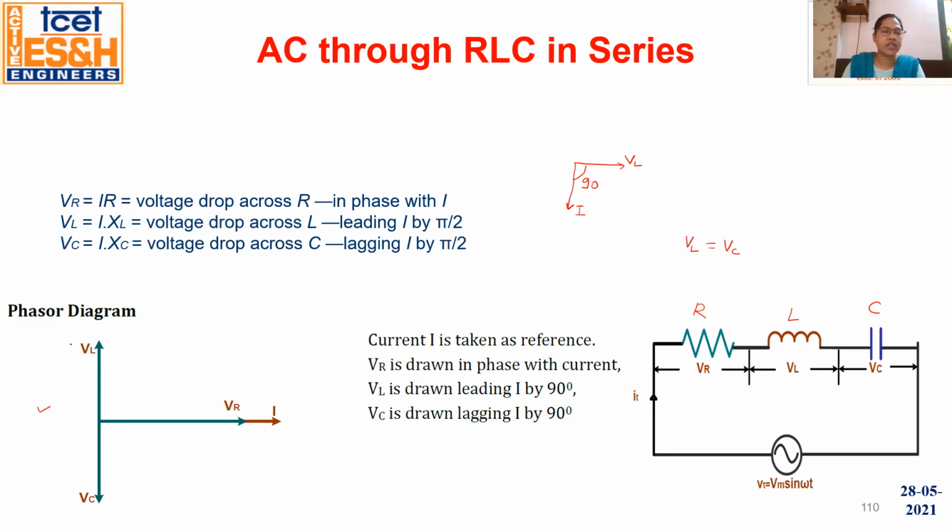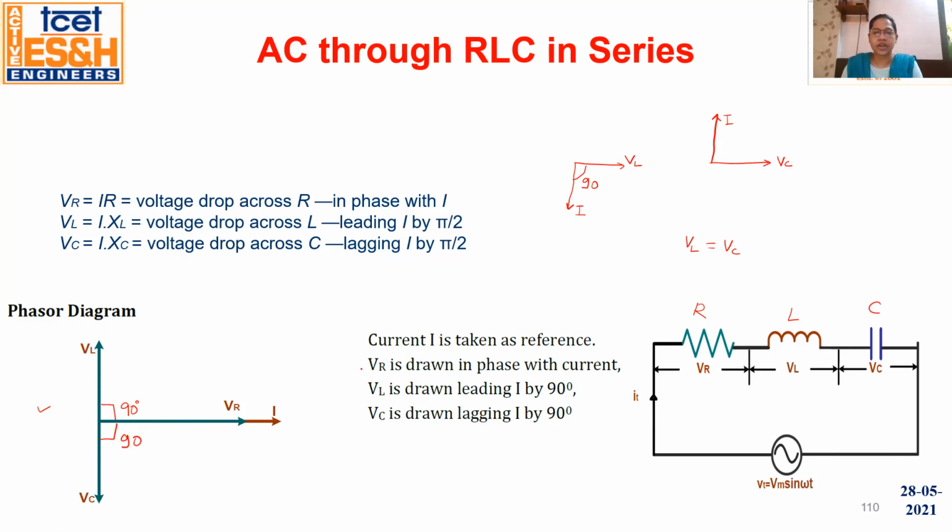This is the voltage across inductance, and the current lags behind it by 90 degrees. Whereas in capacitance, the voltage across capacitance always lags behind the current across it. So see, the voltage across capacitance lags behind the current by 90 degrees.